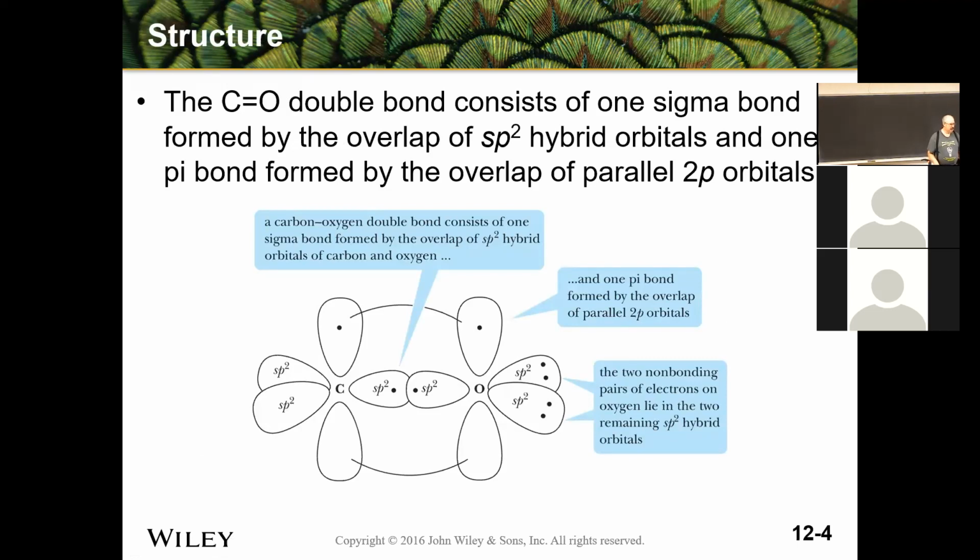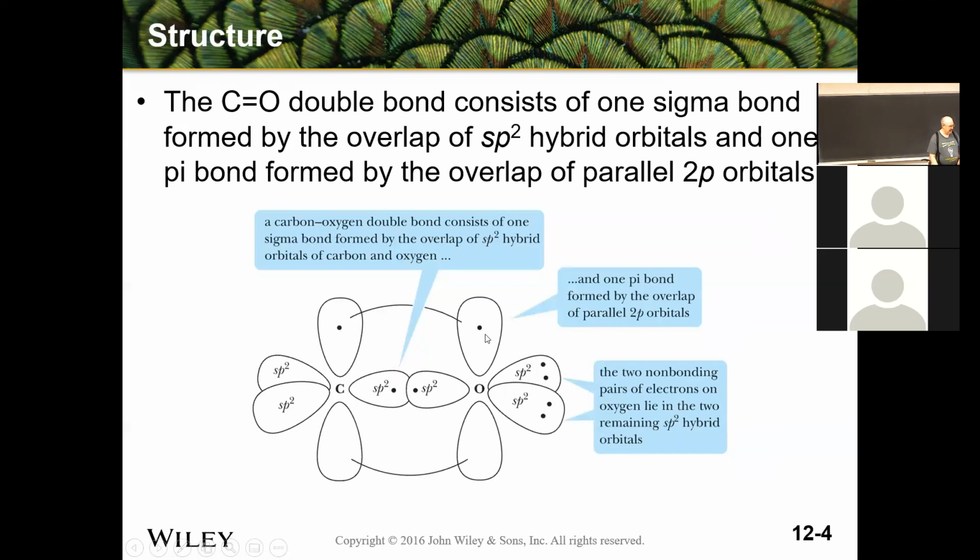Right, the carbonyl group consists of an sp2 hybridized carbon and an sp2 hybridized oxygen. Okay, both of these have a trigonal planar geometry. There is a sigma bond between the carbon and oxygen as a result of overlap of these two sp2 orbitals.